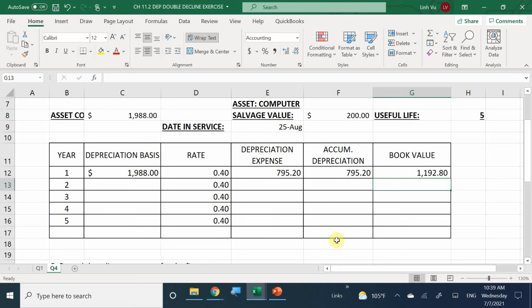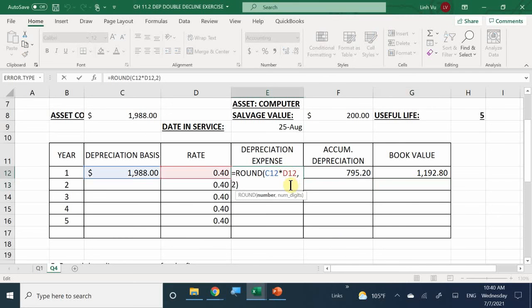So in this case, $795.20 cannot be for the first year because my asset is only 4 months old. How much should it be now? 795.20 times 4 divided by 12. Good.